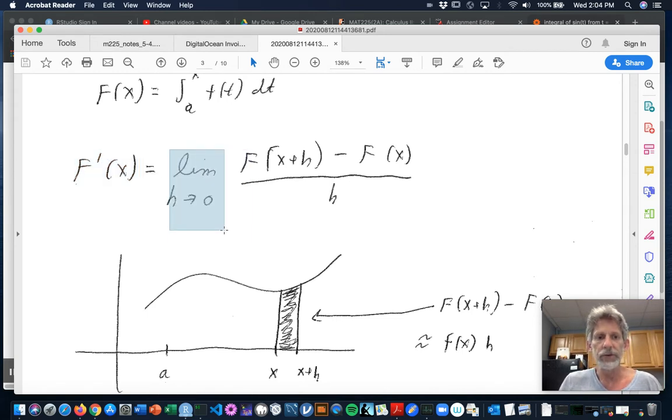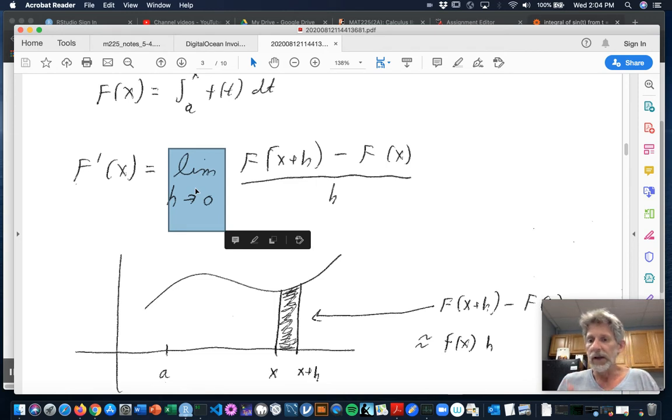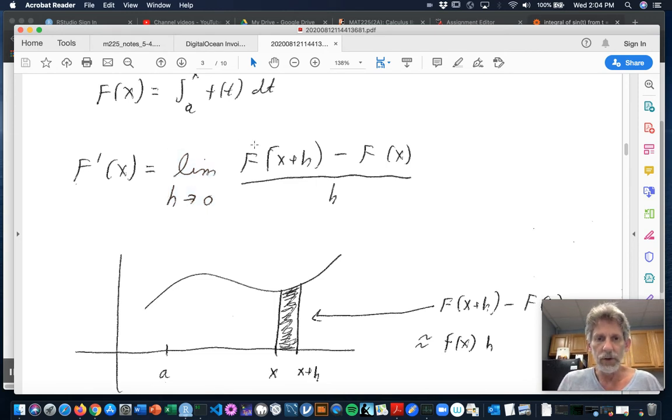The definition of derivative is the limit as some real number h goes to 0 of the function at x plus h minus the function at x, over h. It's that slope of the secant line that you learned in Calc 1. And you take the limit as the two points that make the secant line get closer and closer together.